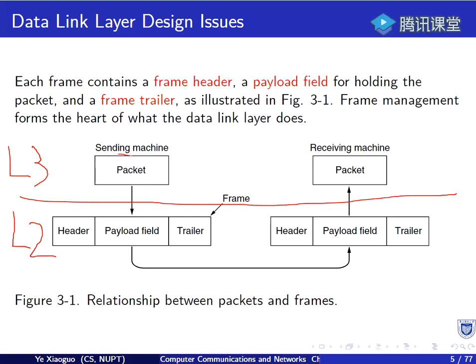So a packet is the unit of information in the network layer. Frames are the unit of information transmitted in the data link layer.